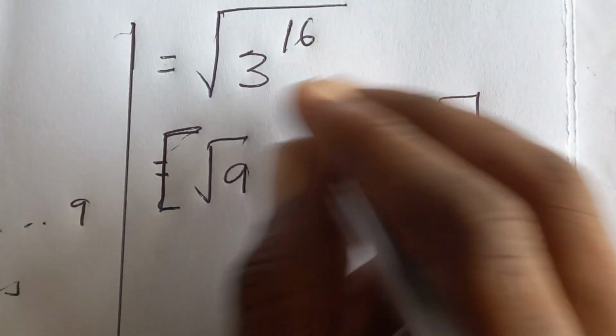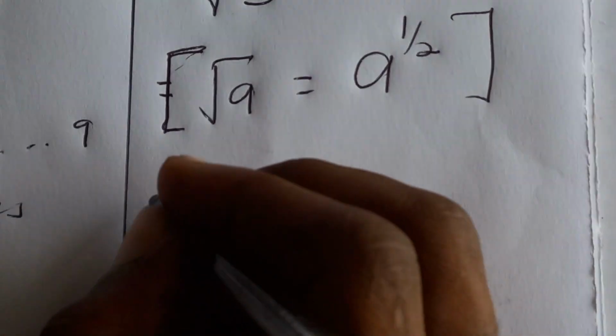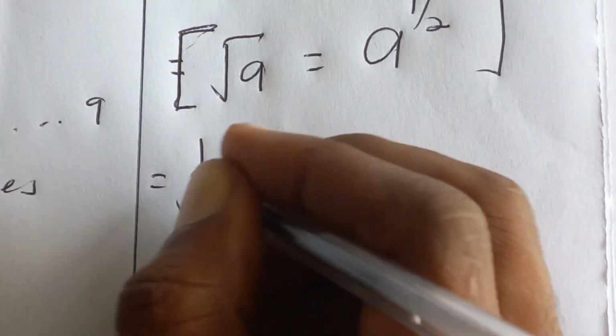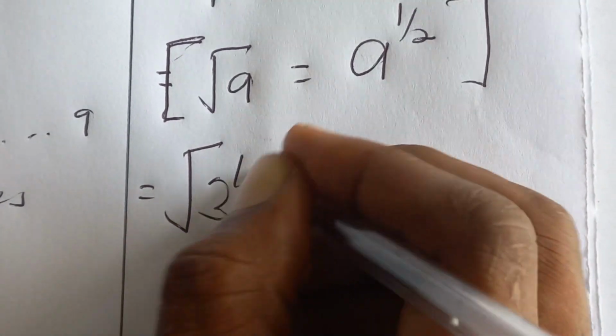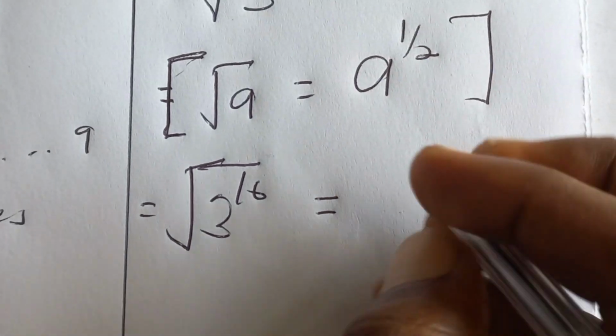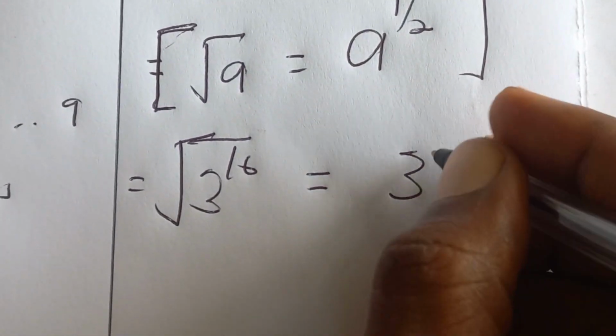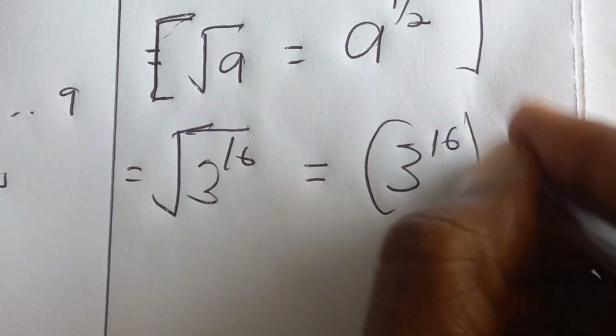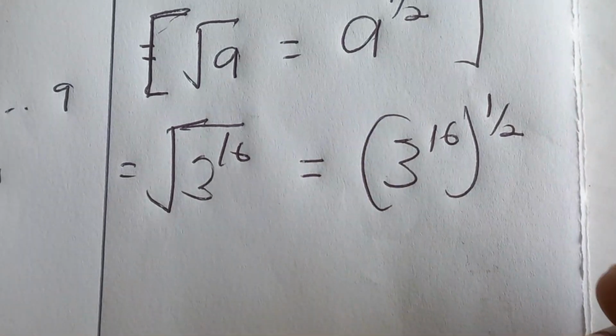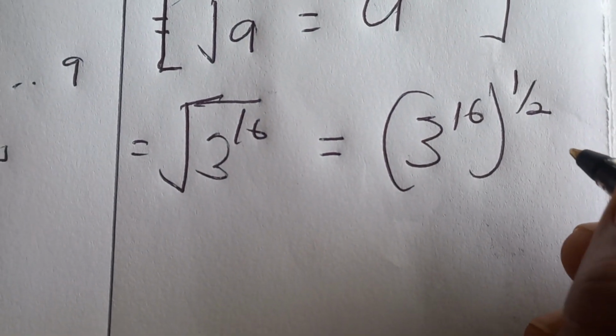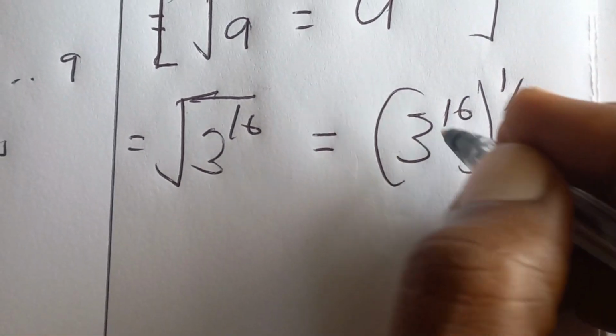So let's express this as that. Root of 3 exponent 16 is equal to 3 exponent 16, in brackets, to the half. So now we are going to work with this.